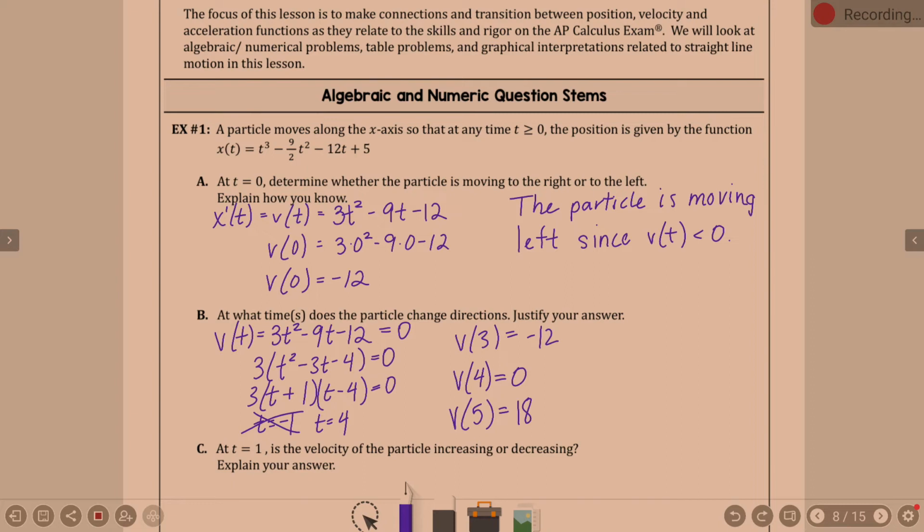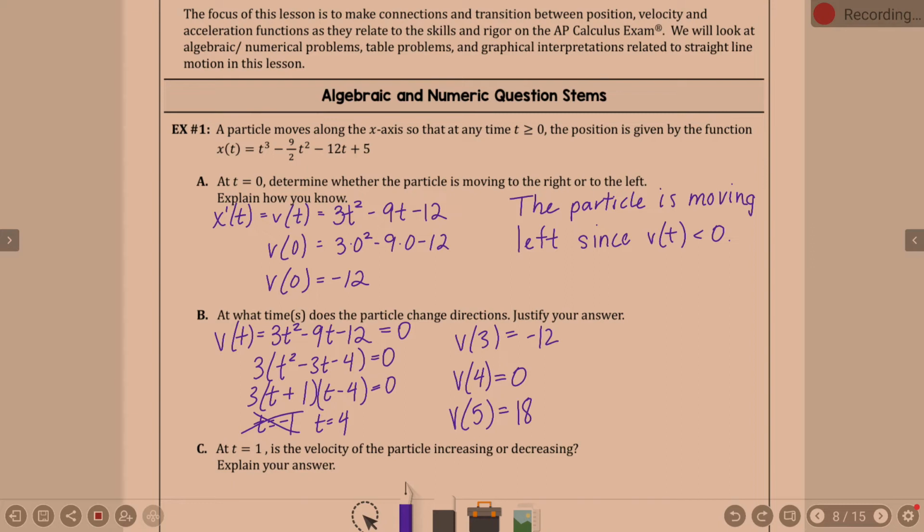Yeah, because before 4, at 3 seconds, it was a negative velocity. So the particle was being pushed left. At 5, it's a positive velocity. The particle is being pushed right.